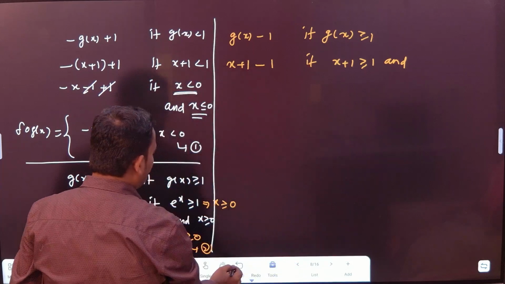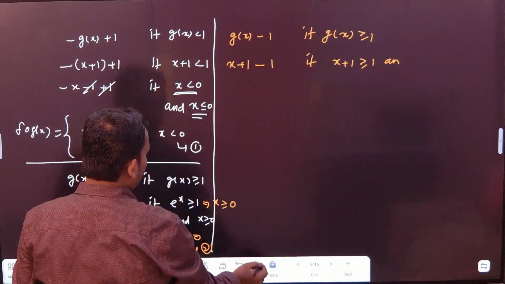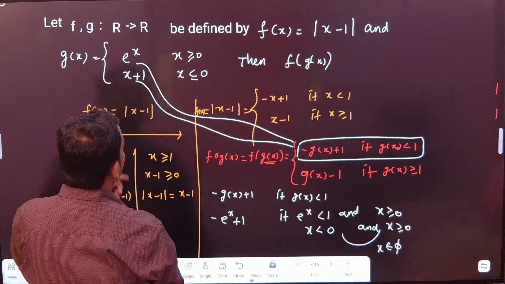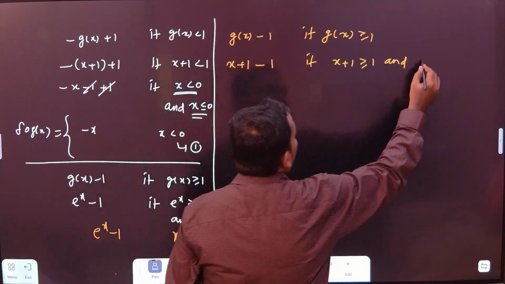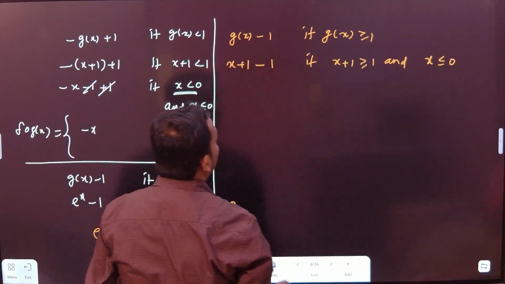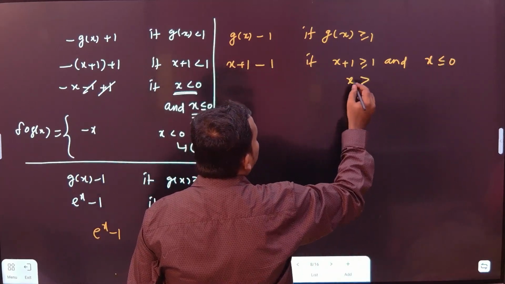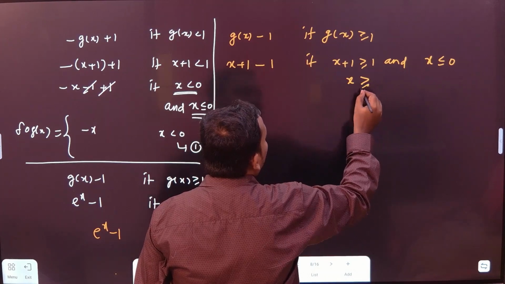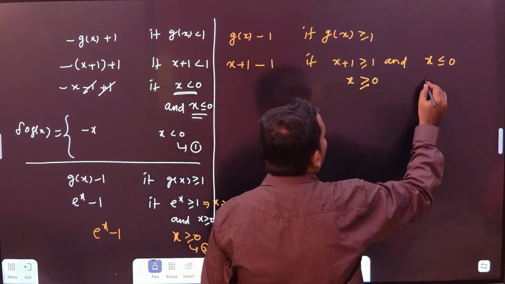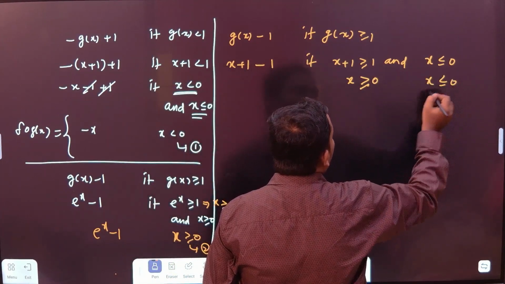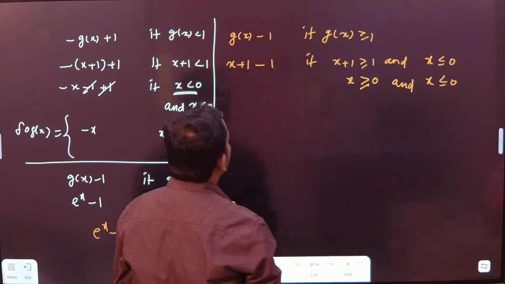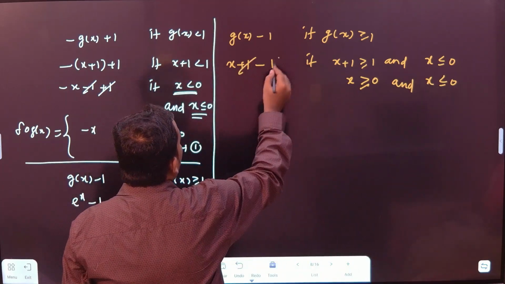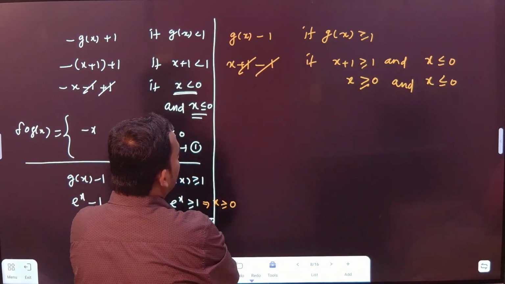When you get x plus 1, x is less than or equal to 0. Then you can solve this: x is greater than or equal to 0, right, and x less than or equal to 0, right. So the plus 1 minus 1 will be cancelled.